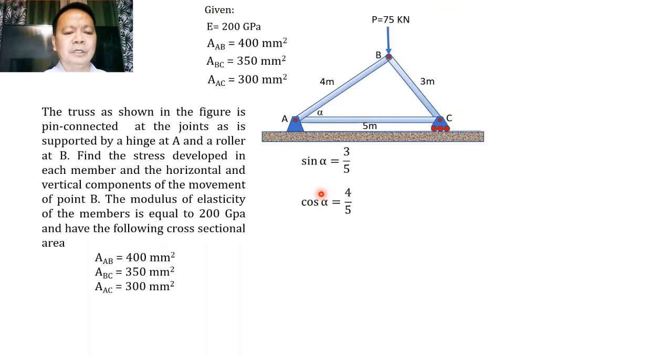Similarly, the cosine of that angle will be equal to the ratio of the adjacent side to the hypotenuse of the triangle, and that value is equal to 4/5, which when converted into decimal is equivalent to 0.8.